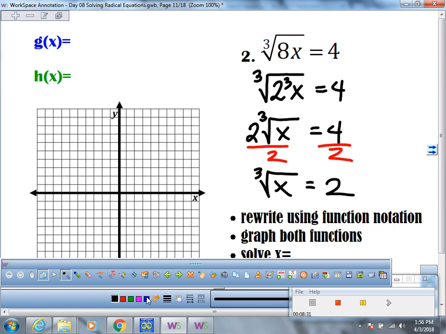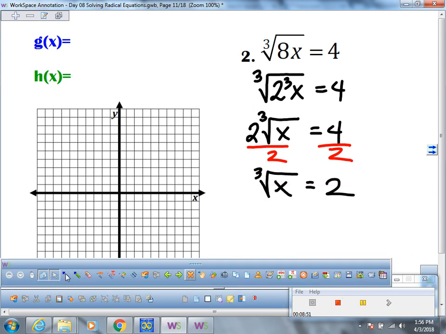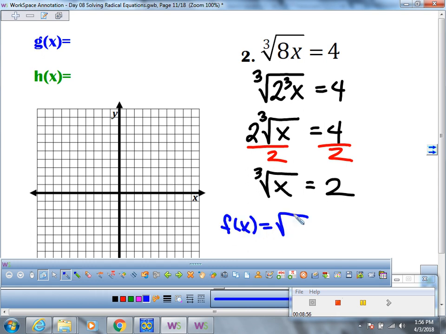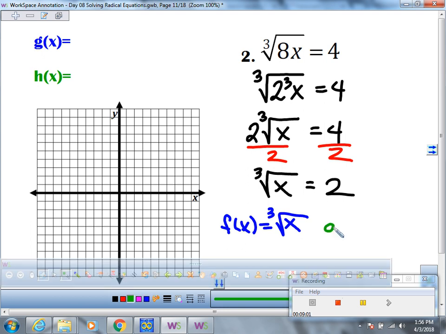So now I've got f of x equals the cubed root of x, and g of x is equal to 2. I'll go ahead and graph my constant function, and then my cubed root function, it's just the parent graph.